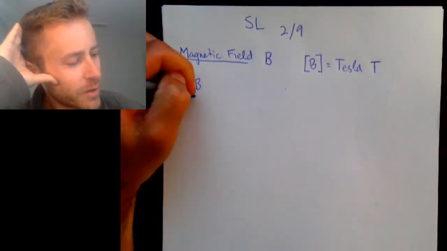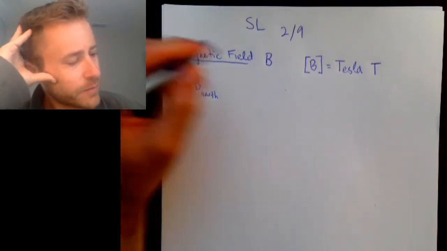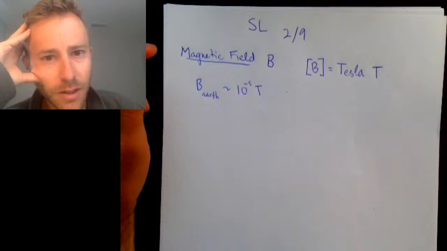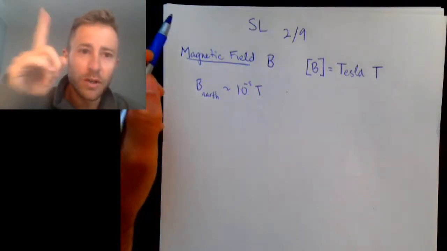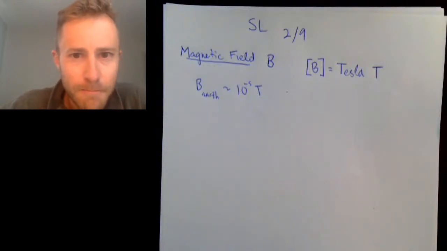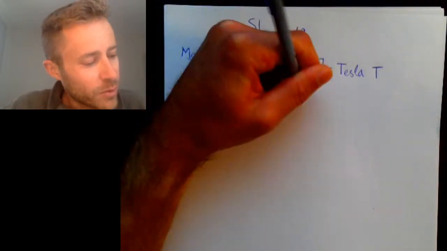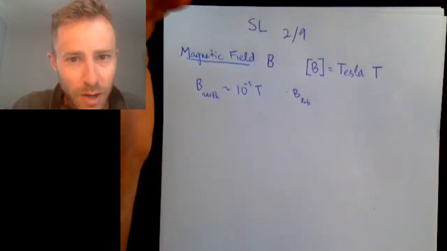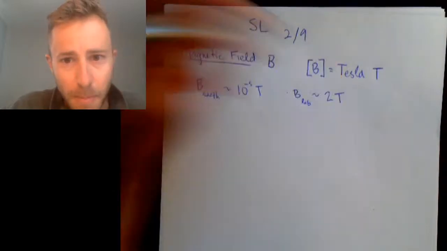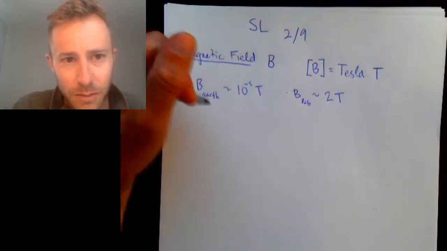For example, the magnetic field of the Earth is like 10 to the minus 5 Tesla. So it's not very large. Having a 1 Tesla magnetic field is really quite strong. In fact, the strongest magnetic field that we can produce in a laboratory is around 2 Tesla. Okay, so magnetic fields are, generally speaking, pretty small.